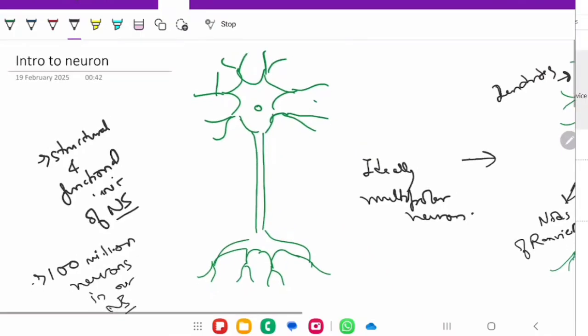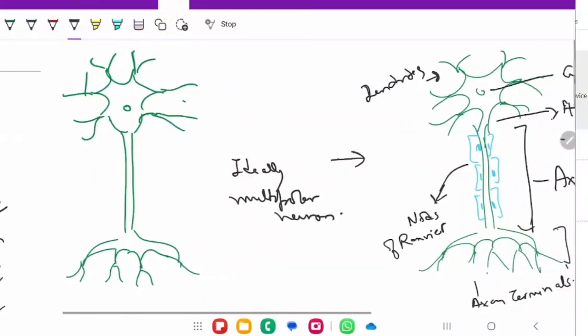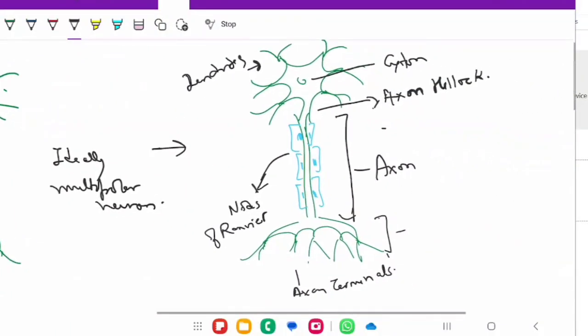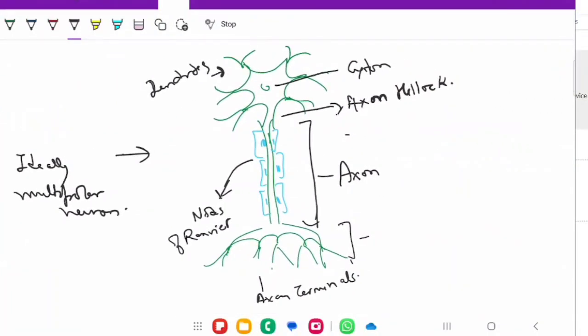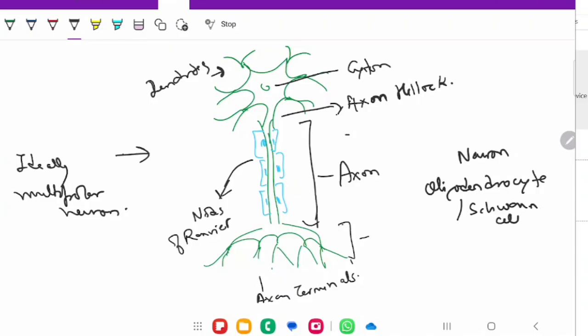Right. Now if we look at this neuron diagram, this is a proper neuron with its cells. Now, neuron is not the only cell in our nervous system. We have neuron, we have oligodendrocyte or Schwann cell, we have astrocytes, which are your blood-brain barrier.